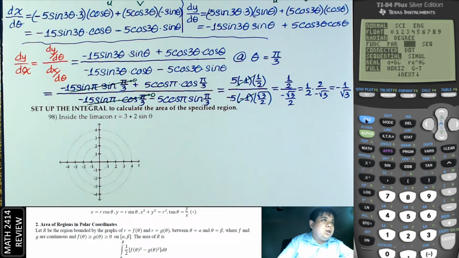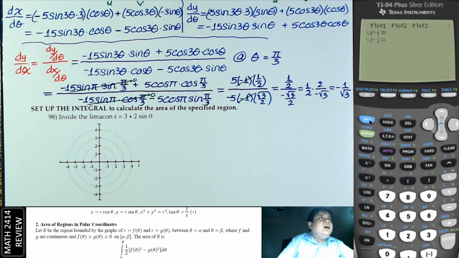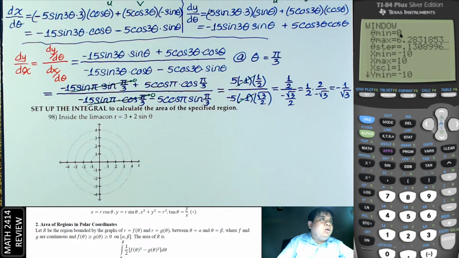Okay, that's good. And then we just enter 3 plus 2 sine of theta, and make sure the window is from 0 to 2 pi. And I will graph 100 points. So from 0 to 2 pi, I divide by 100, so it graphs 100 points.